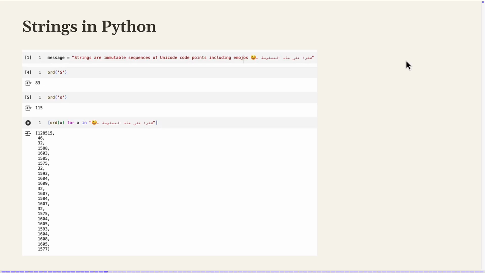And this is the idea behind using Unicode points as a tokenizer, because what a tokenizer does is just map every token to a number. Here we're going to map every character to a number, and at the end we will have 150,000 characters mapped to numbers.